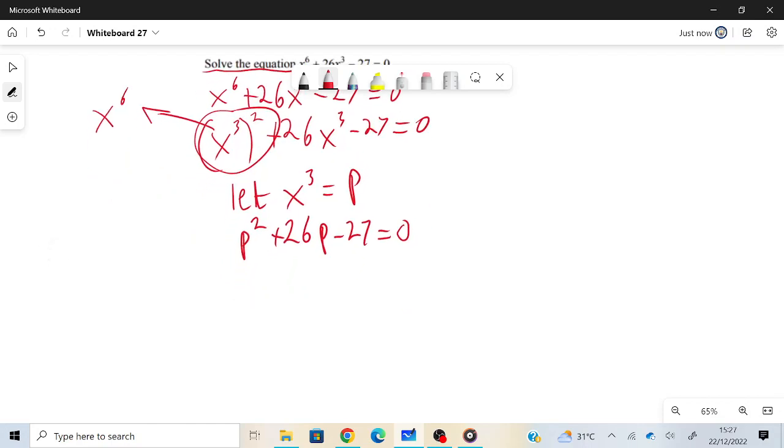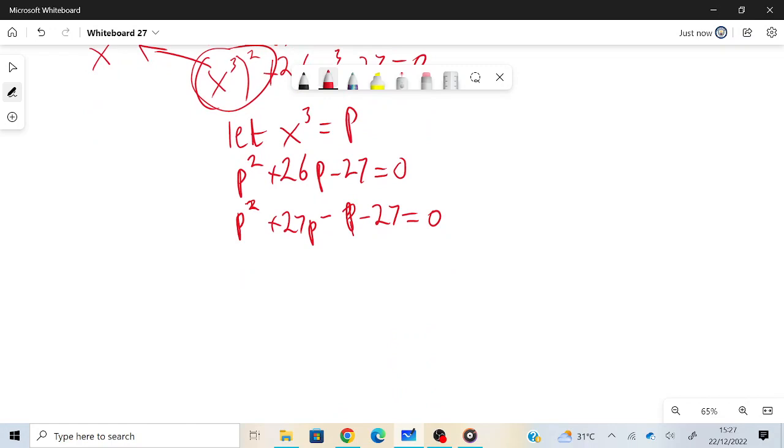So again, we use our factorization skills to solve this. This would be p squared plus 27p minus p minus 27 equals 0.